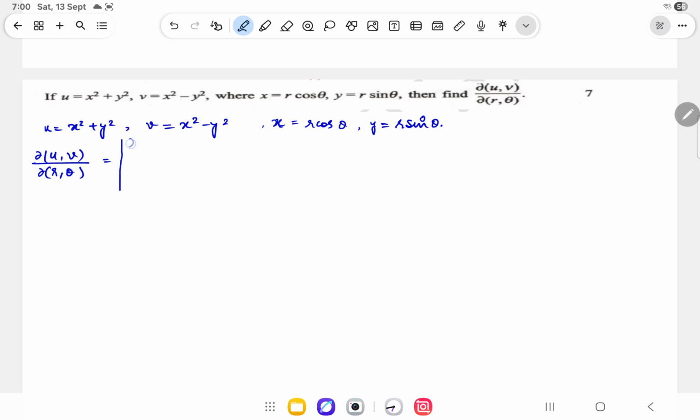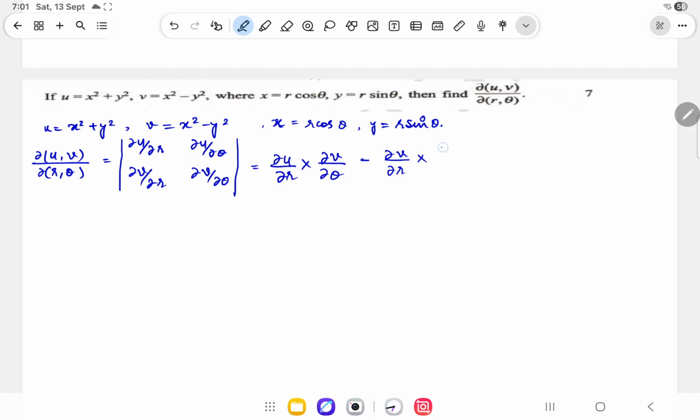So if I find the value of ∂(u,v)/∂(r,θ), I'll be getting ∂u/∂r, ∂u/∂θ, and ∂v/∂r, ∂v/∂θ. If I solve it, it will be equal to ∂u/∂r into ∂v/∂θ minus ∂v/∂r into ∂u/∂θ.